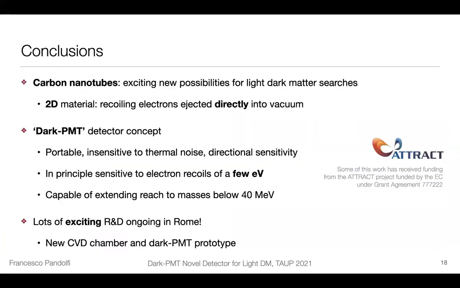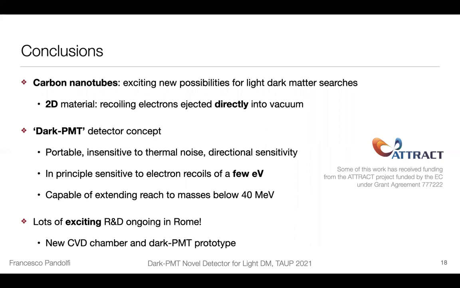So this brings me to my conclusions. Carbon nanotubes offer exciting new possibilities for light dark matter searches. The key point here is that it's a two-dimensional material made of graphene, so recoil electrons would be ejected directly into the vacuum by a dark matter scattering event. I showed you this Dark-PMT detector concept.